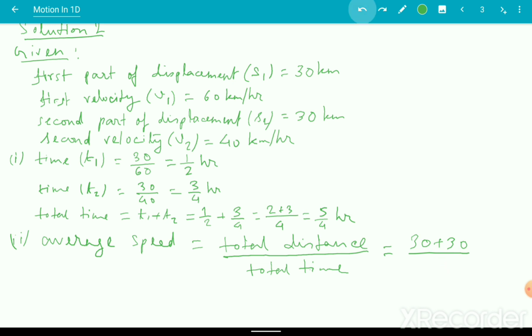So this turns out to be 60 into 4 by 5, 5 twelves are 60, so it's 48 kilometer per hour. So this is the average speed of the vehicle.